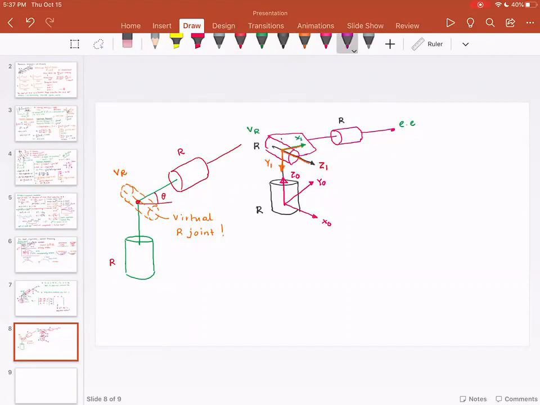Then I will have to add my z2s. So I have z2, and x2 has to be perpendicular to z2 and z1. So I would have this one over here, which would be my x2. Okay, let me see. Z1, yeah, correct. Y1 will be in the opposite direction.